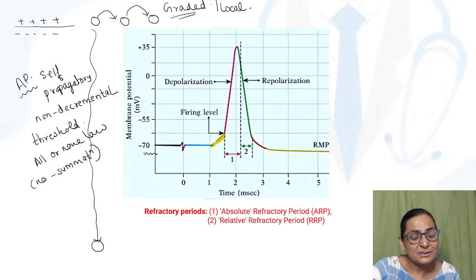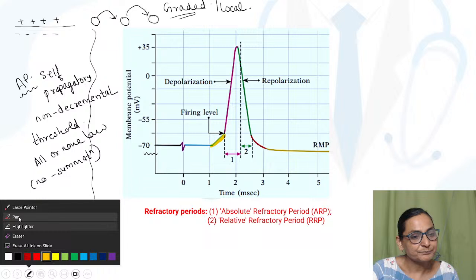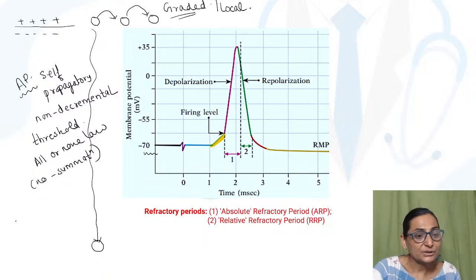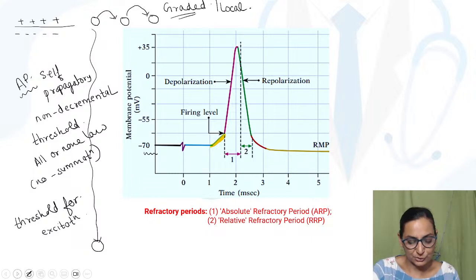Rising up till this point from minus 70 to minus 45, sometimes it can be even up to minus 55. Minus 55 भी हो सकता है. This is called the threshold for excitation.